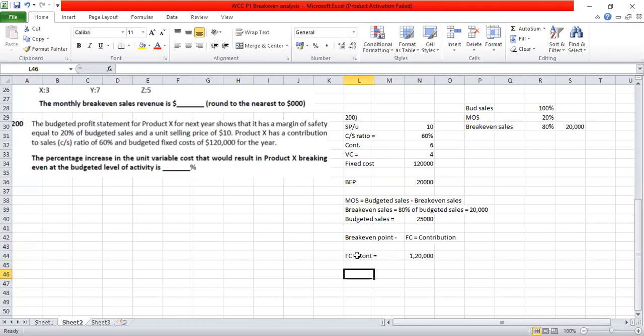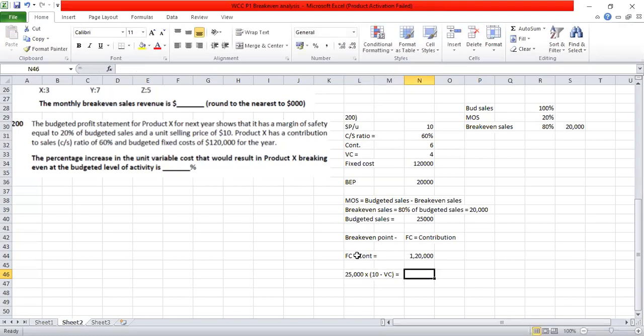On the other side, we have 120,000, but the number of units which will be sold are 25,000, into the contribution margin. 10 is the selling price, unchanged, but only the variable cost would change.